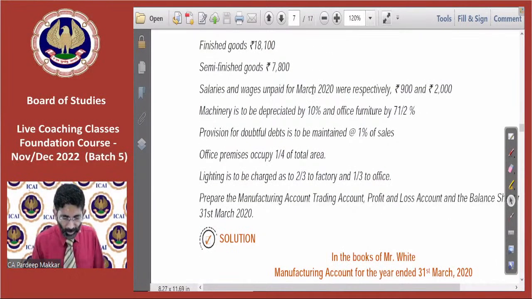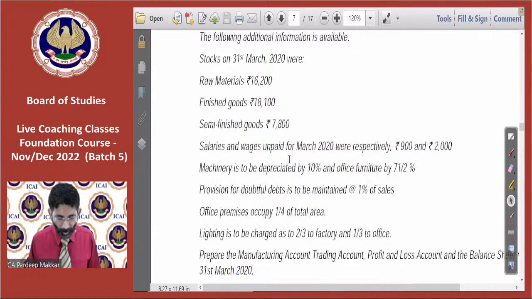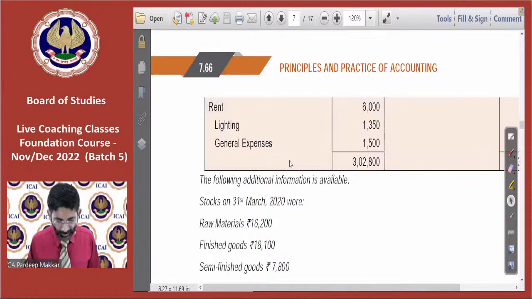Office premises occupy 1/4 of total area. That means whatever expenses of rent are there, that has to be allocated. Rent is given as 6,000. So this 6,000 will be allocated 3/4 to factory, 1/4 to profit and loss account.